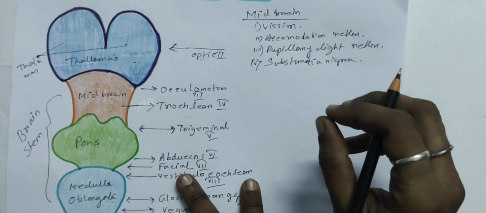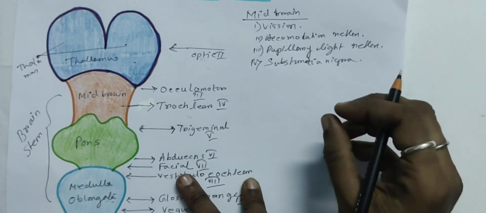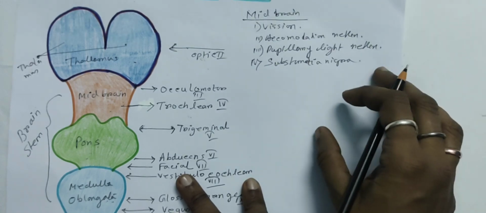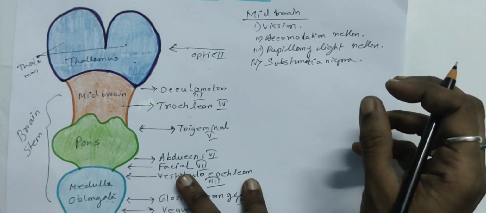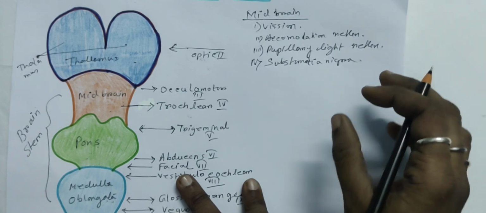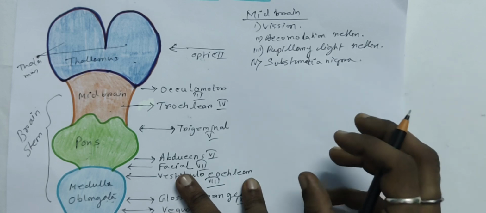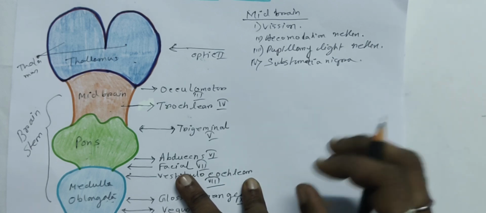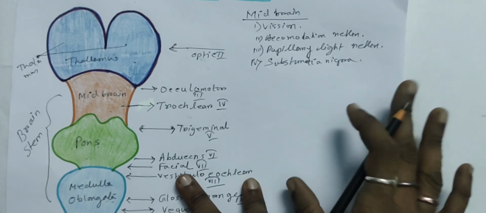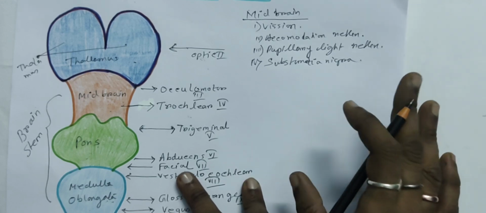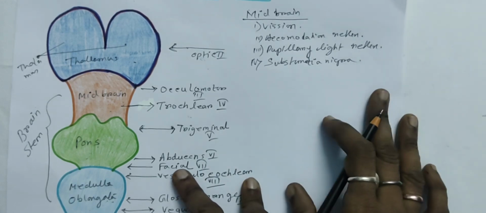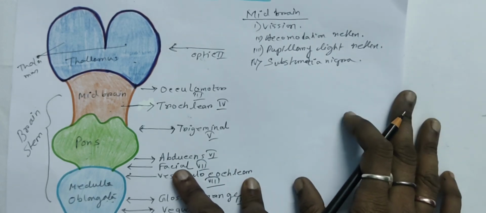And this pigment melanin is associated with dopamine neurotransmitter secretion. So substantia nigra is a part of the dopaminergic system. This system is important for movement and behavior.